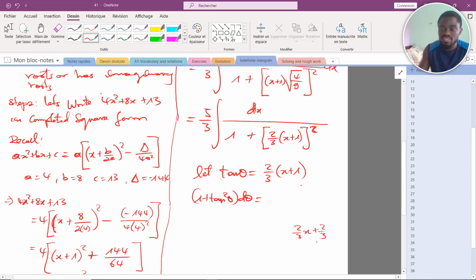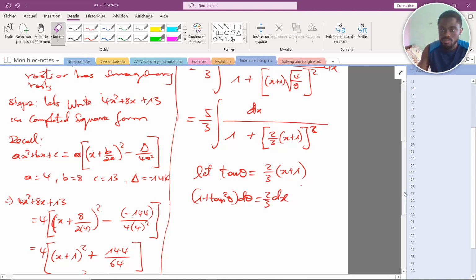The derivative of the constant gives 0. So I'll simply have 2 on 3, and since I was differentiating with respect to x, I write dx. Very good.